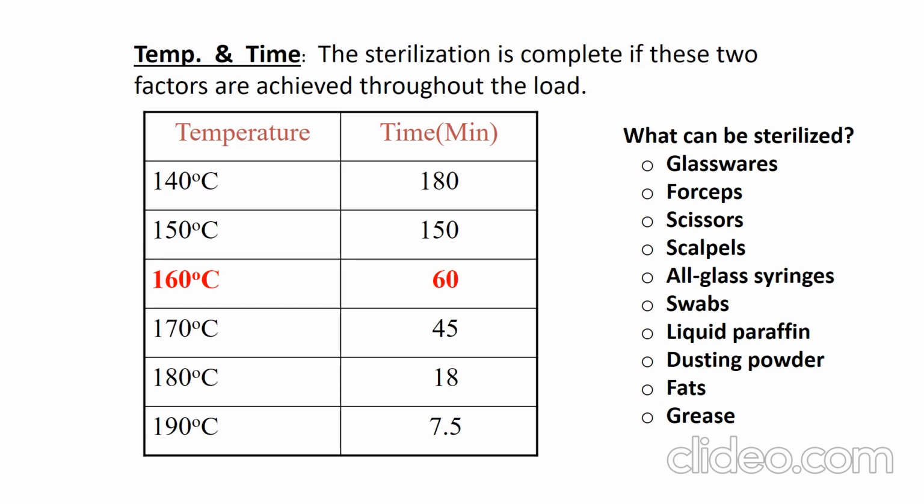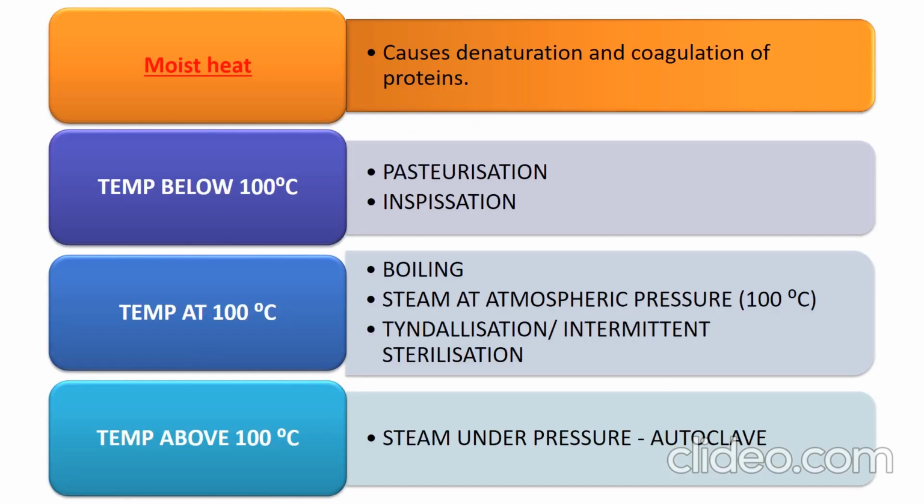Hot air oven is used to sterilize items which do not get damaged by high temperature. For example, glasswares including glass petri dishes, flasks, beakers, instruments with sharp cutting edges, powders, Dappen dishes, mouth mirrors and oils should be sterilized only by hot air oven.